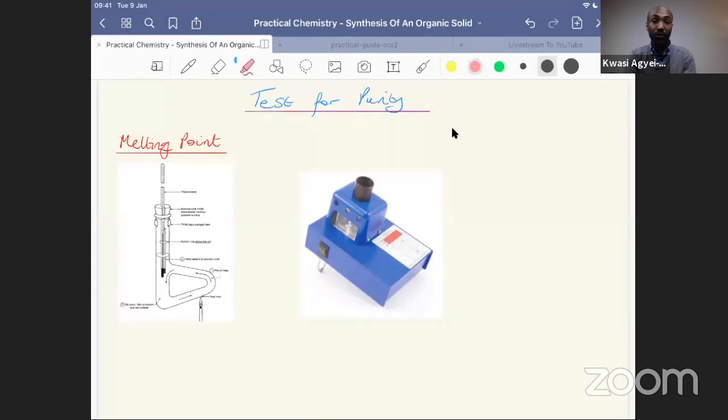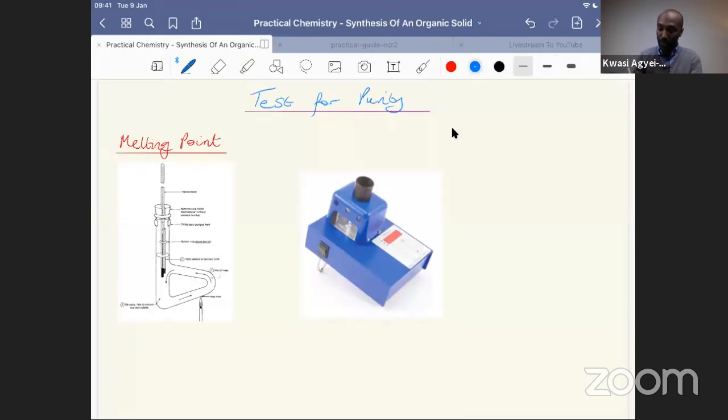It could be water, it could be whatever solvent you've crystallized it from, say ethanol perhaps, and that will have the effect of lowering the melting point, and also will have the effect of your solid melting over a range. Whereas if it was very pure, there would be a sharp melting point. That's an important point to make.